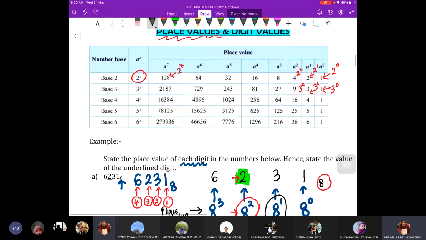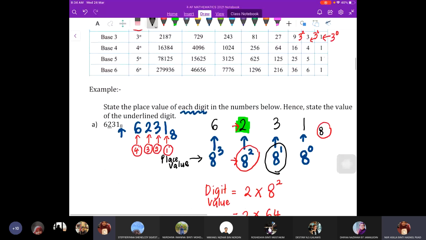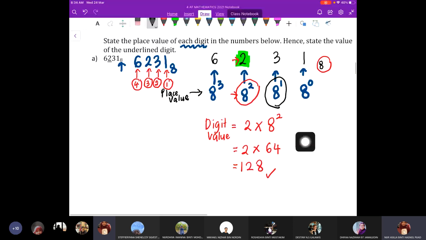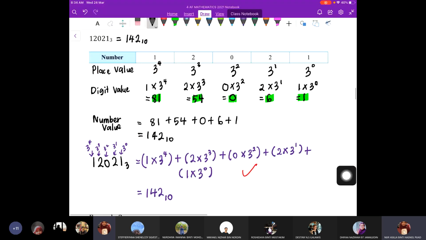How do we explain and how we represent the base number. And then kita ada digit value, and finally, kita ada numerical value. So table macam ni, it shows everything lah: place value, digit value, and then finally number value or numerical value.